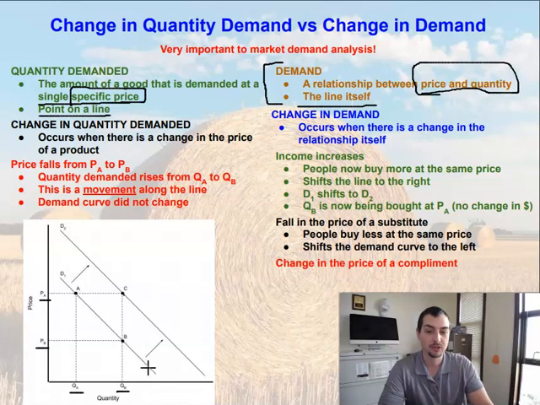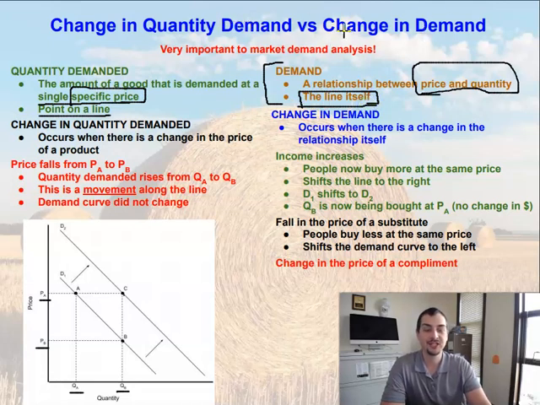Imagine that we were able to take all of the quantities that would be demanded at different prices and put it all on one long chart. The whole chart together would be the demand. It's the whole price quantity relationship, whereas a single row would be the quantity demanded, the single specific point on the line. Demand is the line itself.